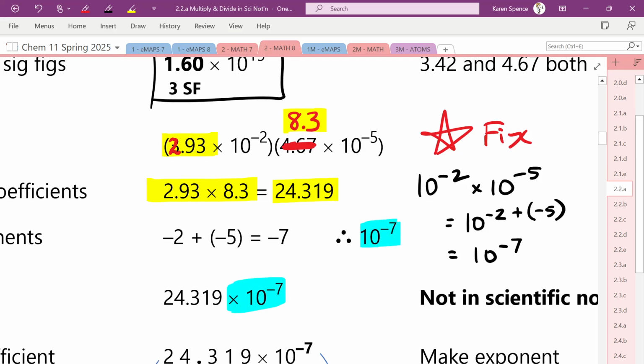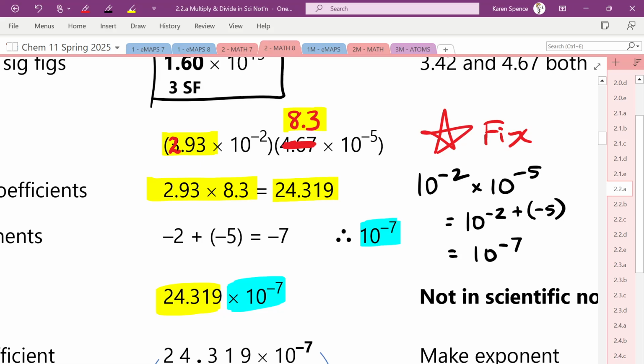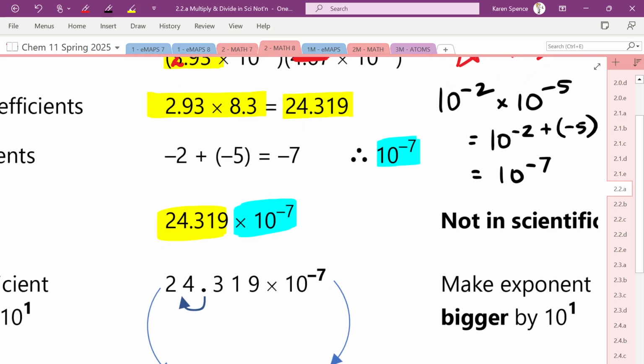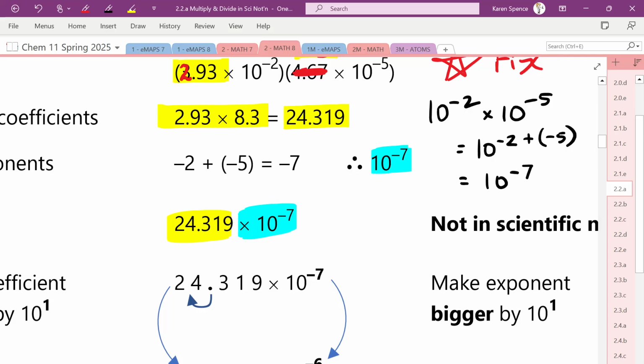So we have 10 to the negative 7 there, and our coefficient there. And wouldn't it be nice if we were done? But we're not. What's the first thing we should look at? Are we in scientific notation?